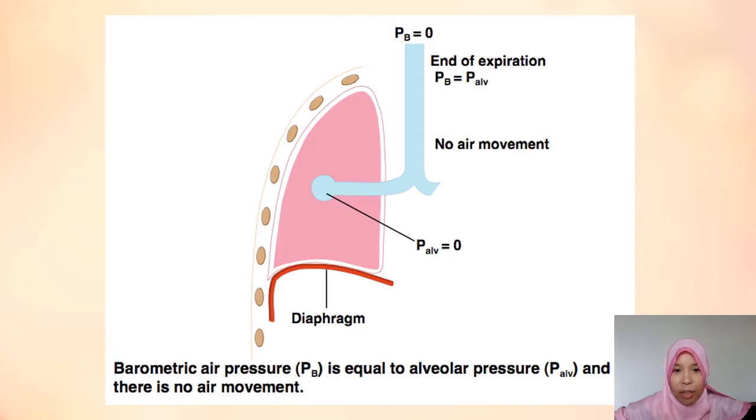The diaphragm is in its natural dome shape, and the chest wall is also not contracted, right? So it is in its natural position, and the air concentration has equalized with the outside, and therefore there is no net movement of air.